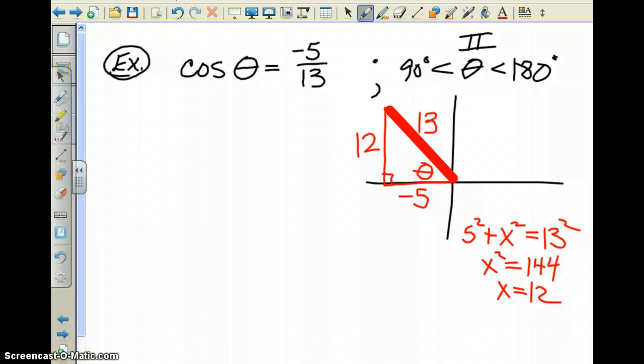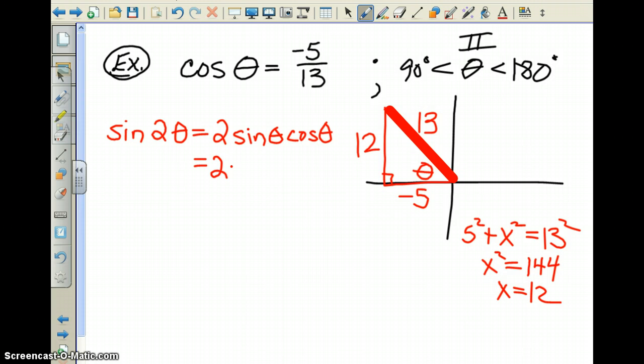So if I want to figure out sine of 2 theta, I'm going to be using that first identity in your notes, 2 sine cos. And I'm just going to get all my trig values right off this triangle. 2. The sin on this triangle is going to be opposite over hypotenuse, 12/13, and the cos was given to us, negative 5/13.